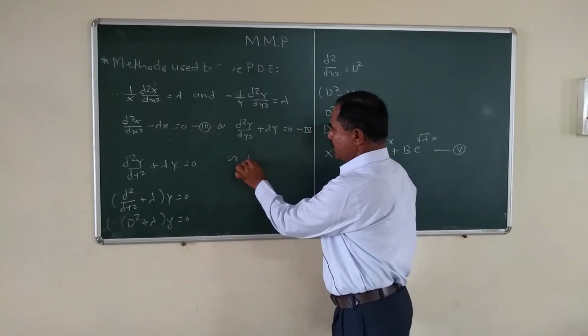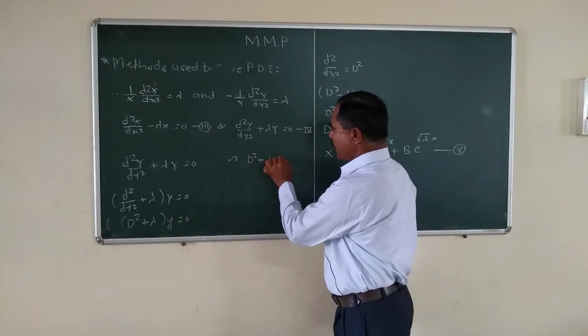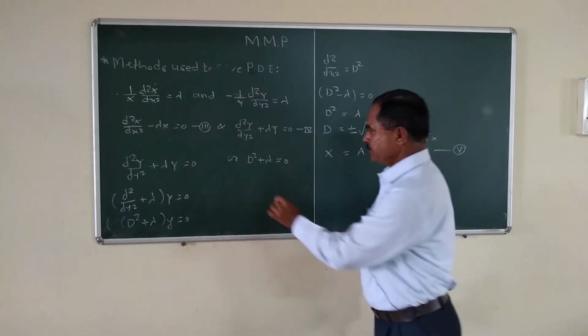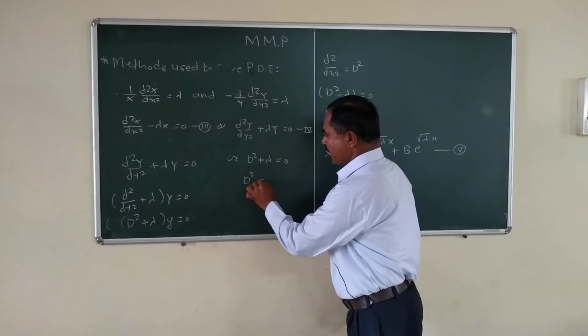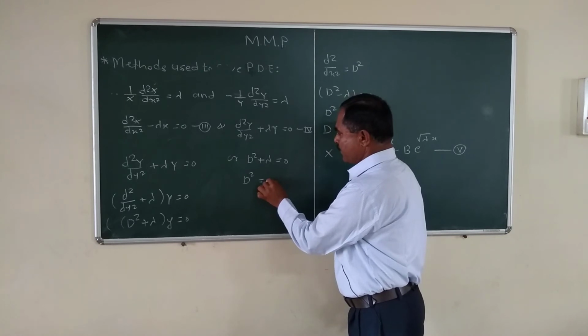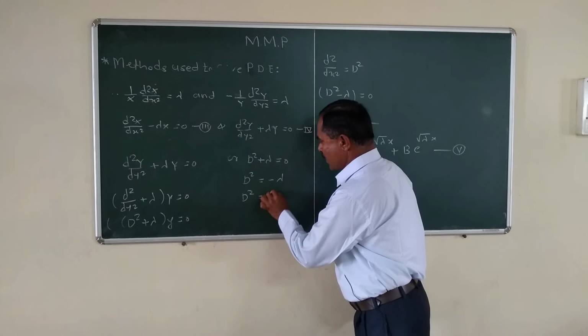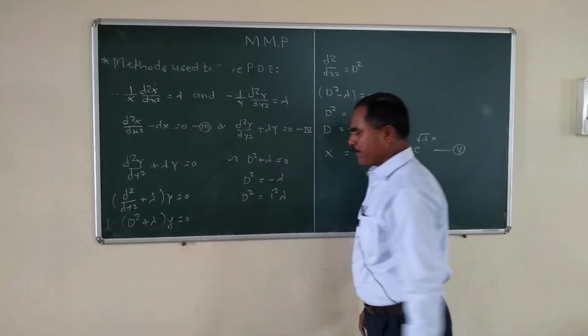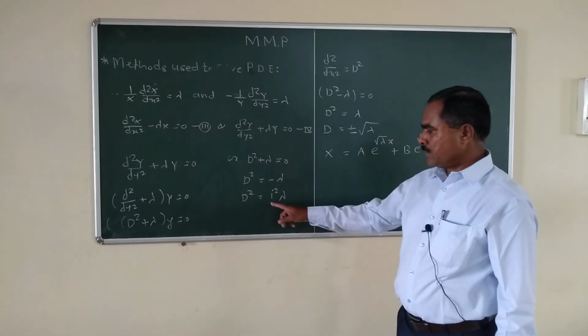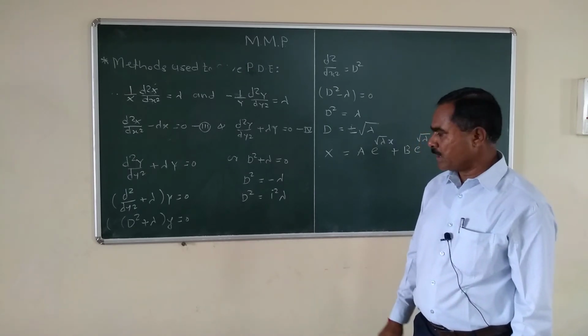So D square equal to minus lambda, or D square equal to i square into lambda. Thus we get an imaginary solution.